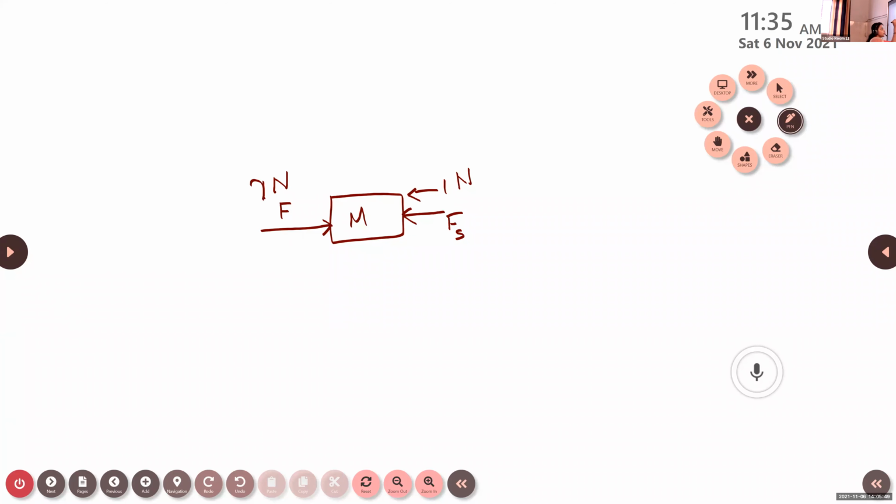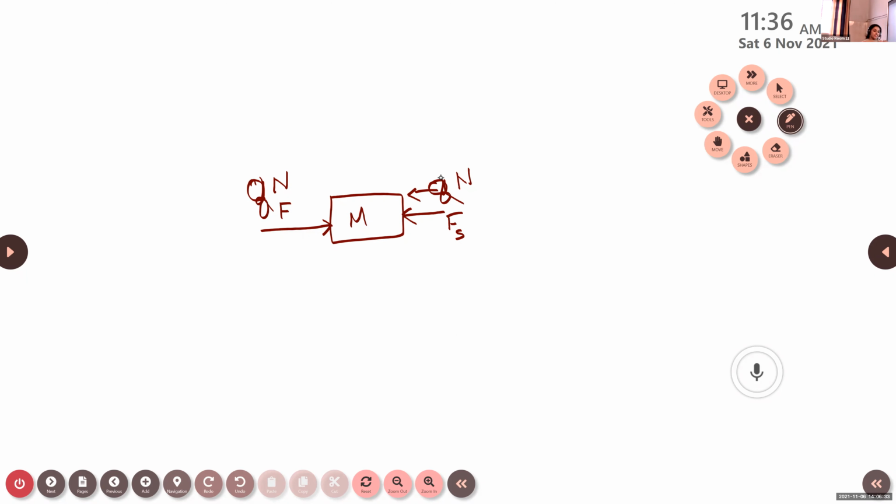If we apply a 2 Newton force on this object of mass m, static friction also exerts 2 Newton from the opposite side. And if we further increase the magnitude of the force to 8 Newton, again the static friction exerts the same 8 Newton from the opposite direction and tries to keep the object stationary as far as possible. So whenever the magnitude of the external force increases, the static friction also exerts the same force from the opposite direction.